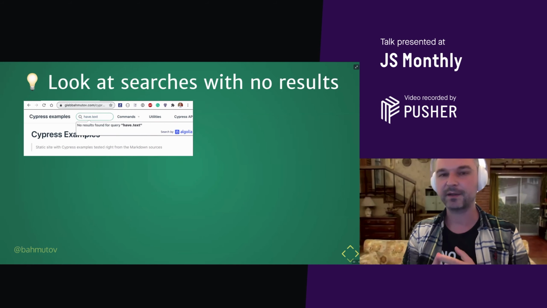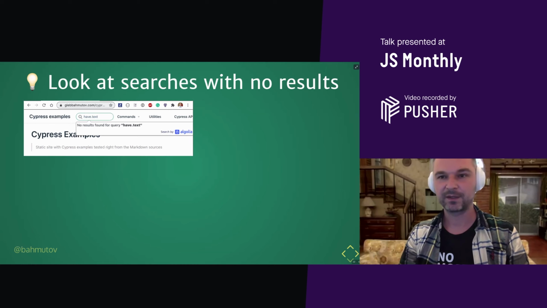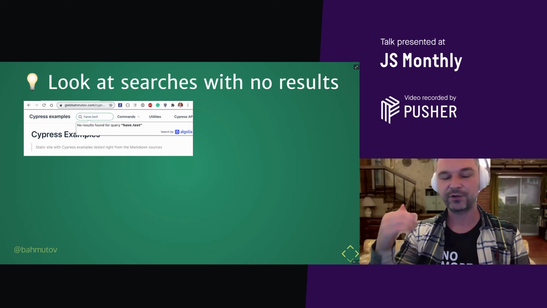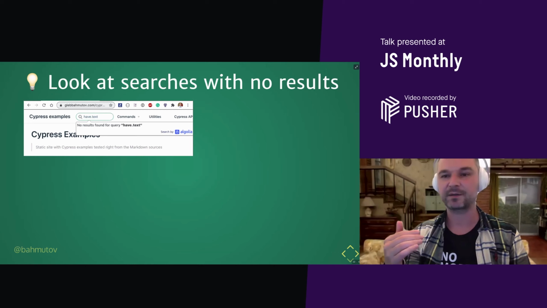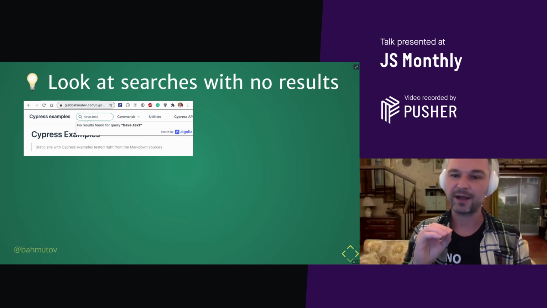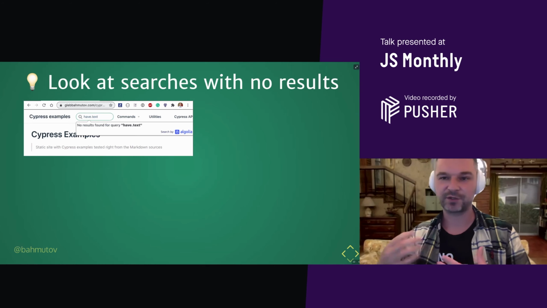The second thing that I think is extremely important, so you should look at your support channels once in a while, your chat, your GitHub issues, your private support, and you should look at the questions that people ask. And if you see a lot of questions, right, that are answered by your documentation, but people still ask them, that means that your search is bad, right?